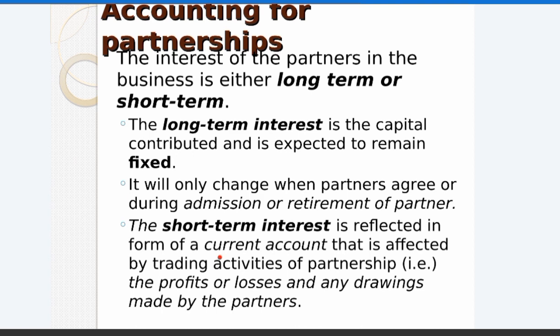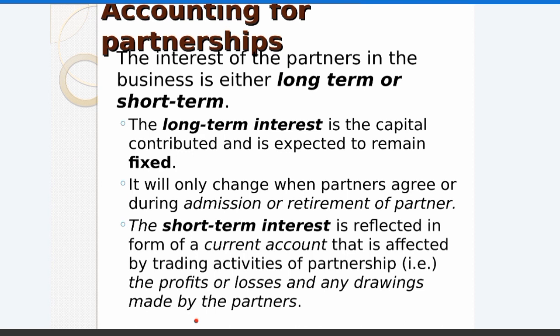As you continue doing business in the partnership, the short-term interest will be affected. In other words, the current account will be affected by the trading of the partnership. And of course, we are talking about aspects like the profits or losses that may be made by the partnership, and any drawings that may be made by the partners. That will change the current account.